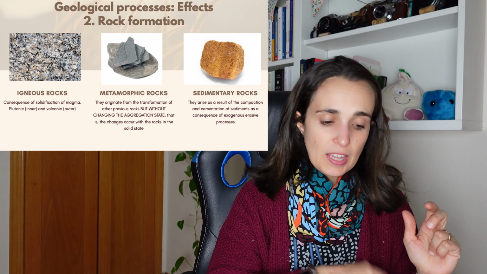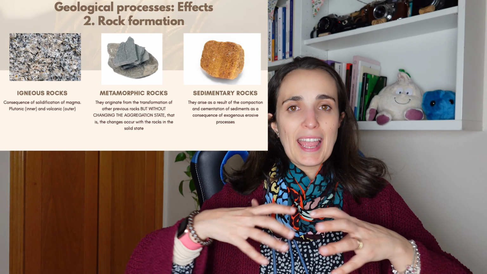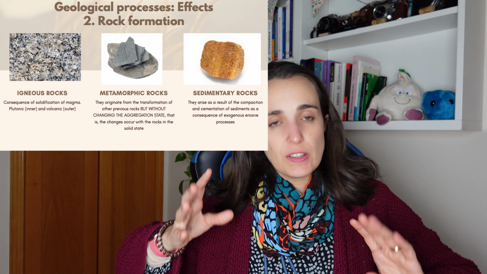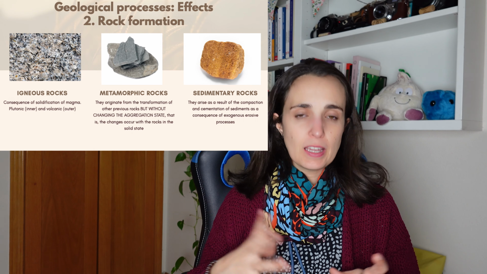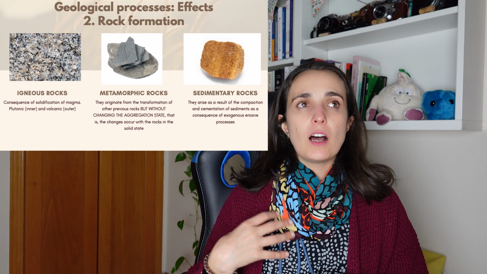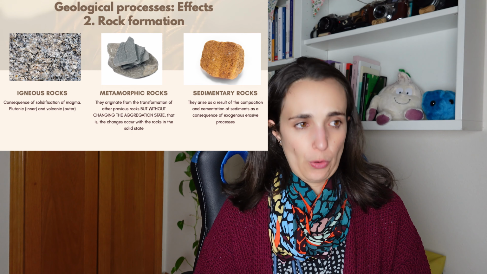On the other hand, the igneous or magmatic rocks are the rocks that are formed inside the earth, not on the surface, except if they are volcanic. If they are like lava, the resulting effect of lava when it gets dry is forming new rocks.